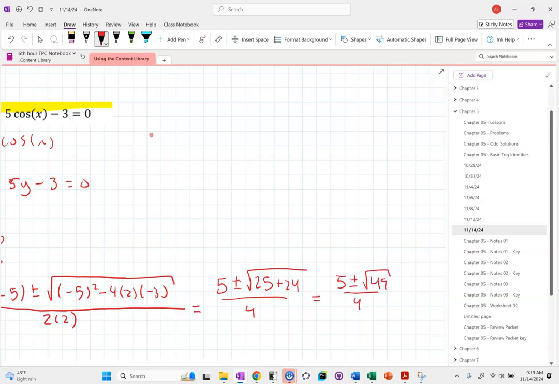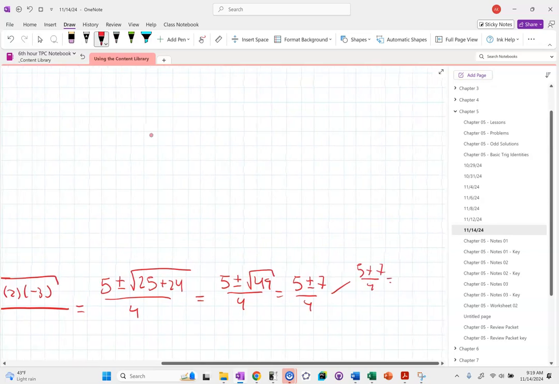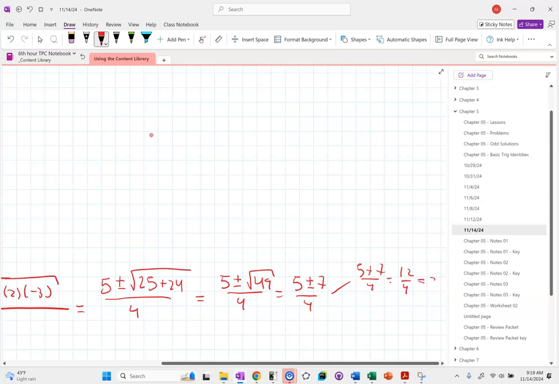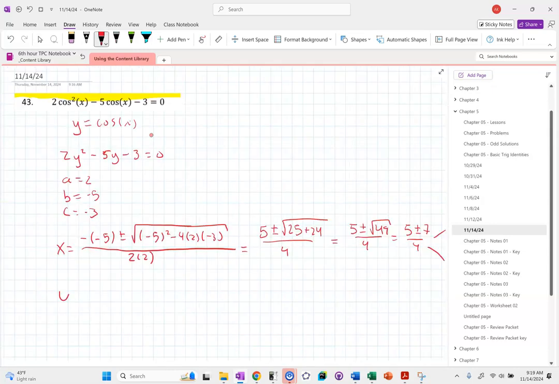The square root of 49 is 7. And so if we add these, 5 plus 7 is 12, divided by 4 is 3, and then 5 minus 7 is negative 2, divided by 4 is negative 1/2. So far, so good, Nicole?